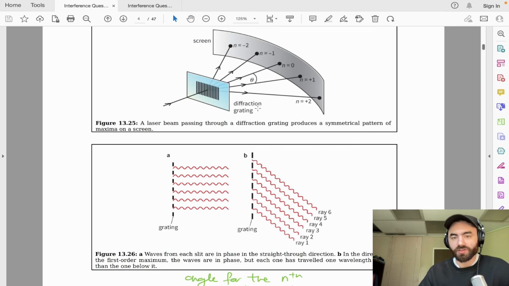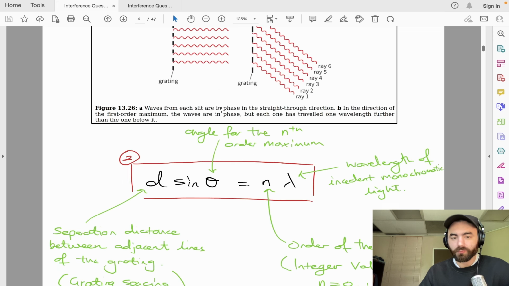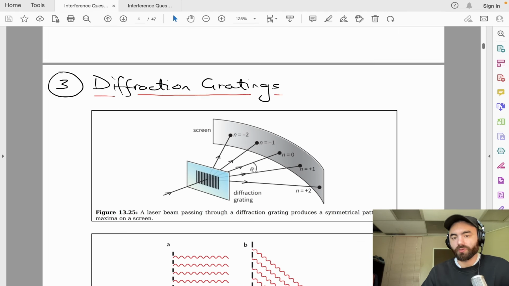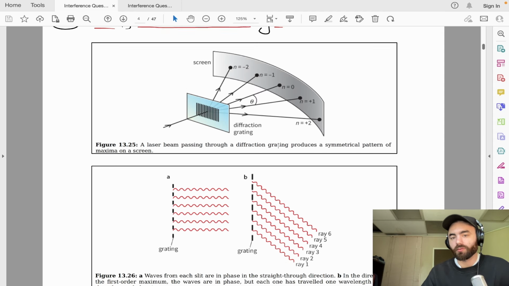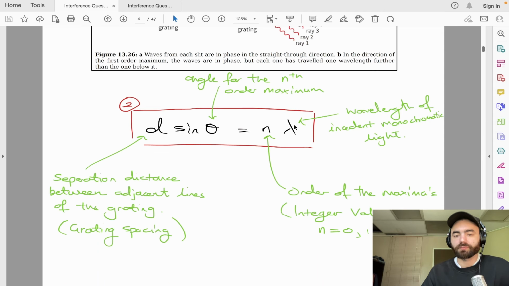The angle, which is the angle between the middle 0th and an nth maximum. So if it was 1, then that would be this angle. If it was 2, then it would be this angle between 0 and 2. N is the maximum value, like what maximum we're interested in, and lambda is the wavelength.